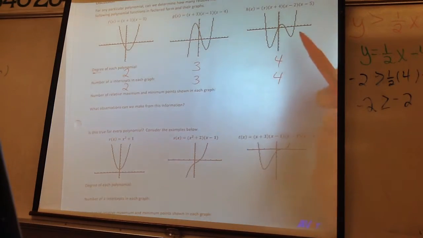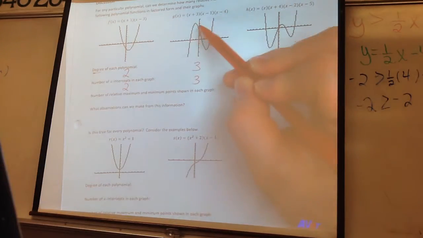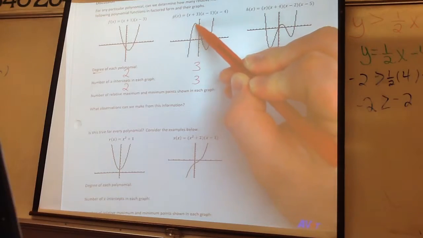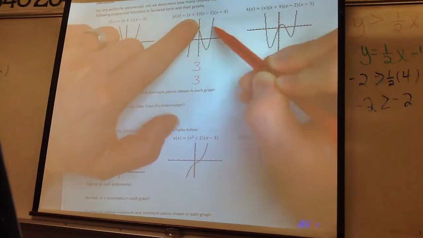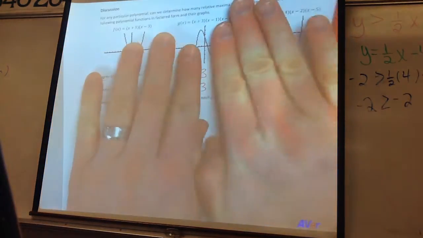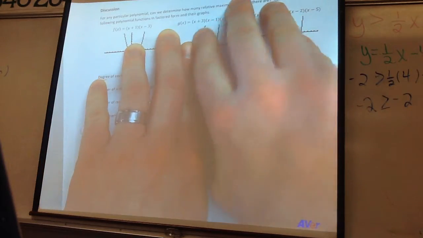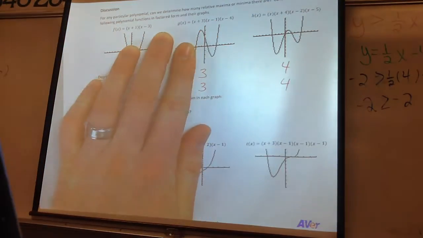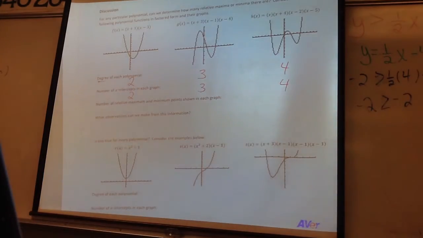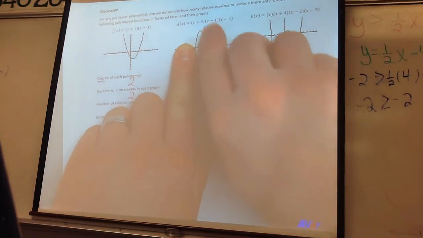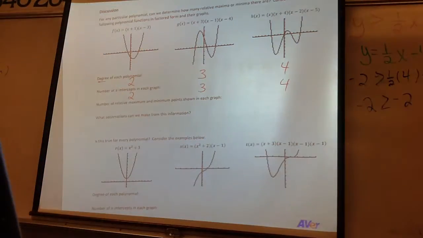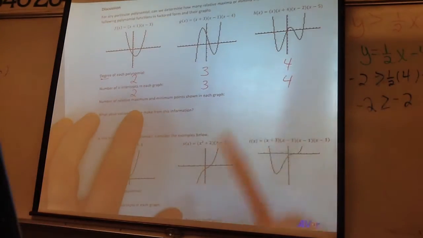They say relative because on this graph, that point is not the maximum point the graph reaches. It goes farther out here. But if I just look at this area, this region, that's the maximum point. So that's why it says relative, because it just means the area around it, that's the highest point. Basically just hills and valleys.